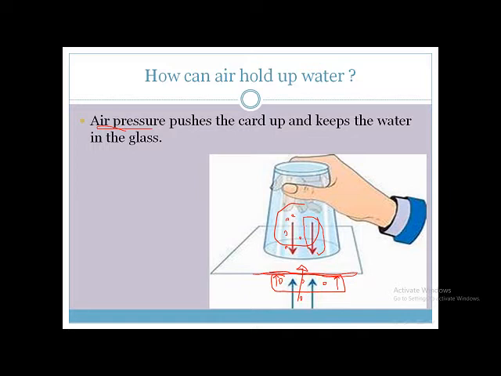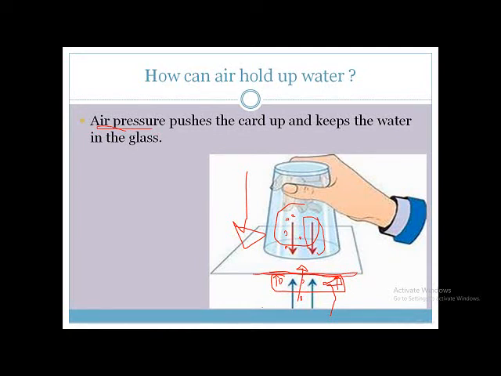Inside this glass we have a gravity force, and the gravity force just tries to make this water fall down as usual. This collision from the particles will prevent the water from falling down. So the air pressure will push the card up and keep the water inside the glass.